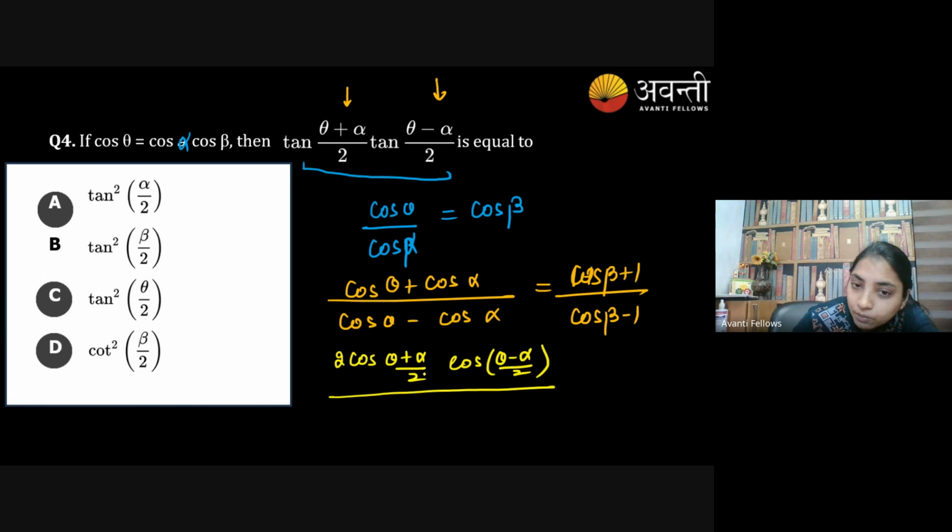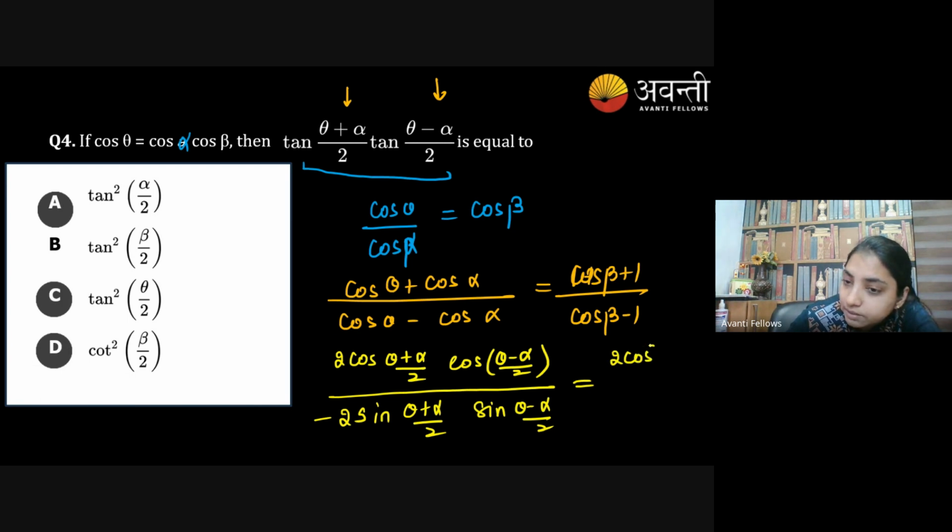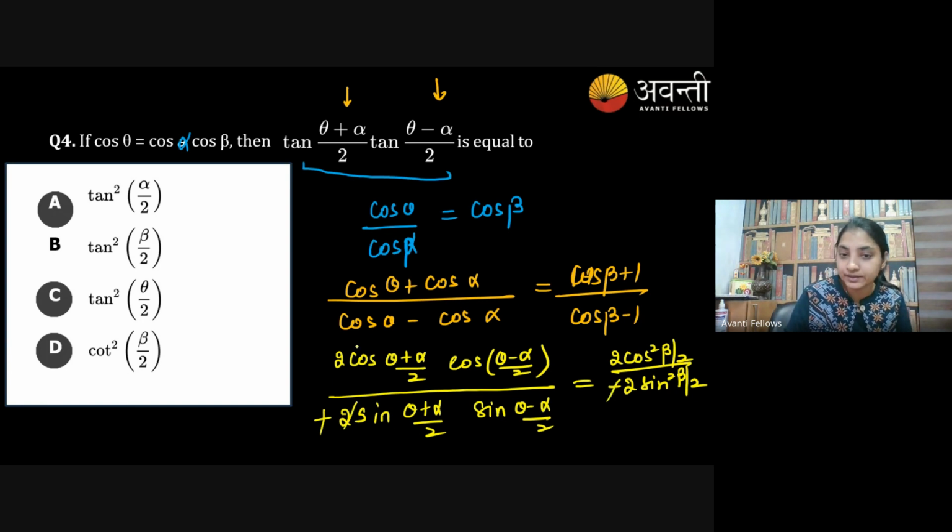In the same way, for the denominator, cos theta minus cos alpha is minus 2 sin (theta plus alpha)/2 sin (theta minus alpha)/2, which equals 2 cos square beta by 2 divided by minus 2 sin square beta by 2. How many of you agree? The negative is cancelled, 2 is cancelled, right?